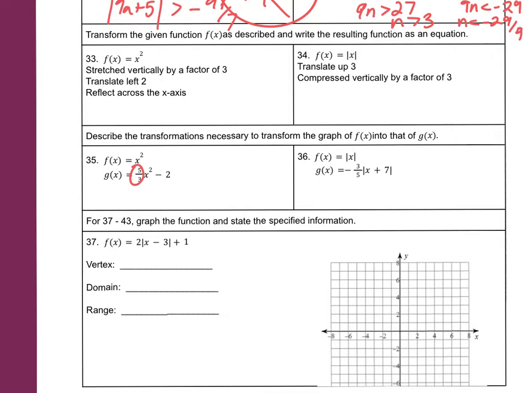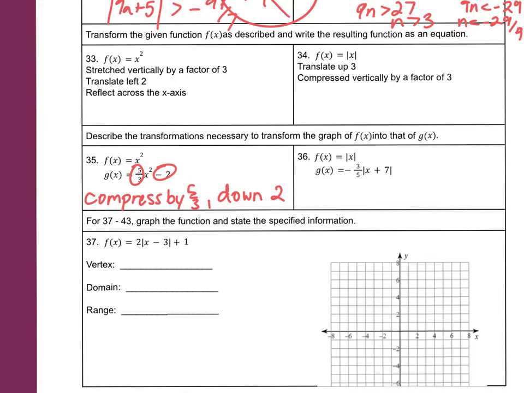But is that number bigger or smaller than 1? It is bigger than 1. So is that telling us to stretch or to compress? It is compress. If the number is bigger, it is compression. So compress by a factor of 5/3. And the only other thing is this negative 2, which tells us to just shift down 2.